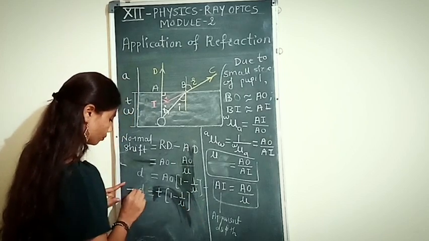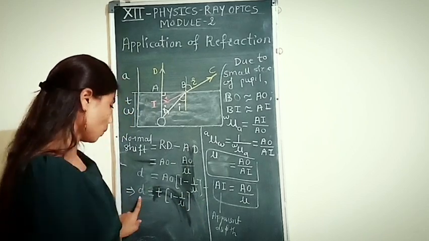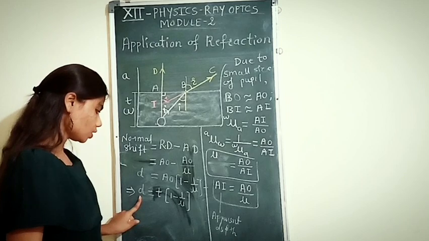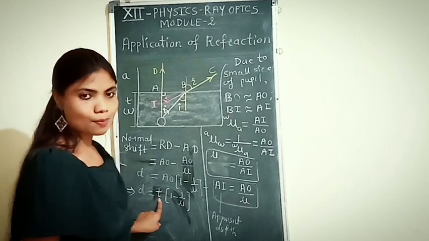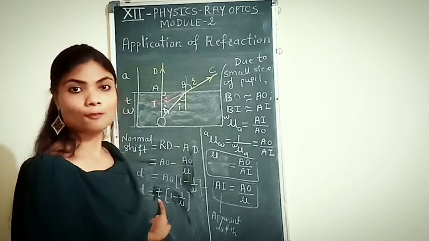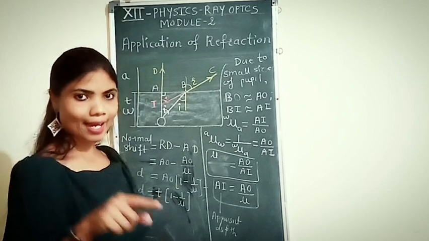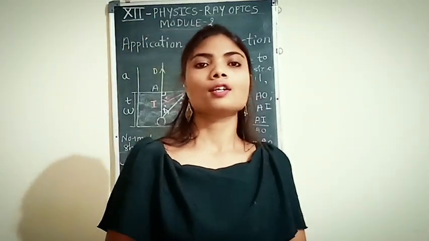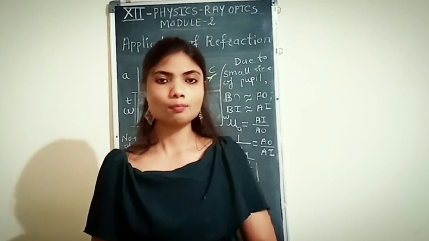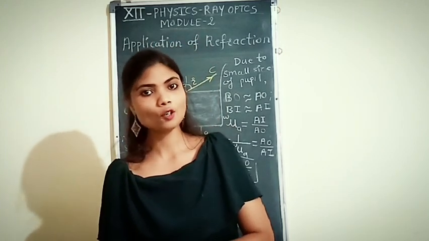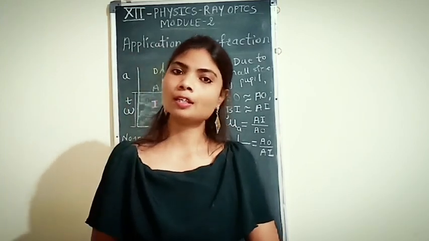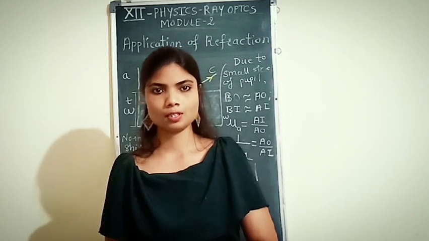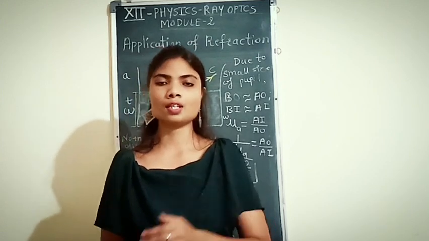This equation implies the normal shift depends upon the thickness of the refracting material and the refractive index of the medium. The greater the refractive index, the greater the normal shift, the greater the uplifting of the position.